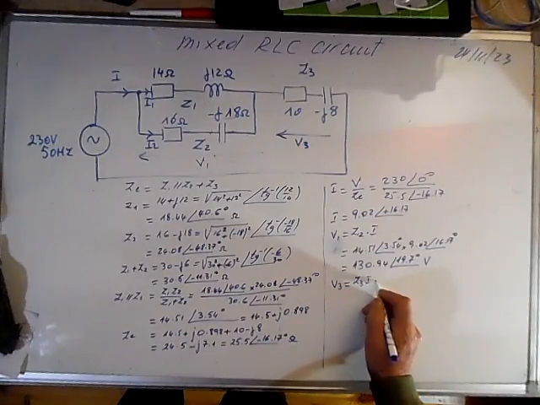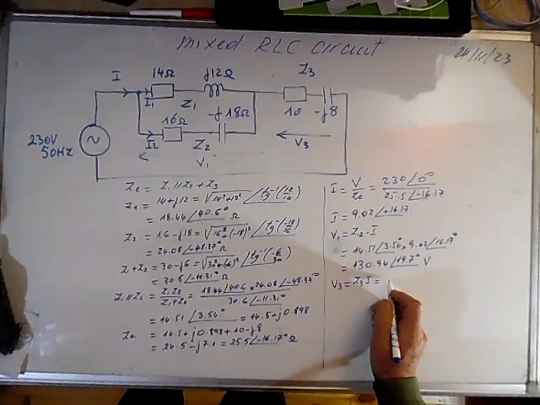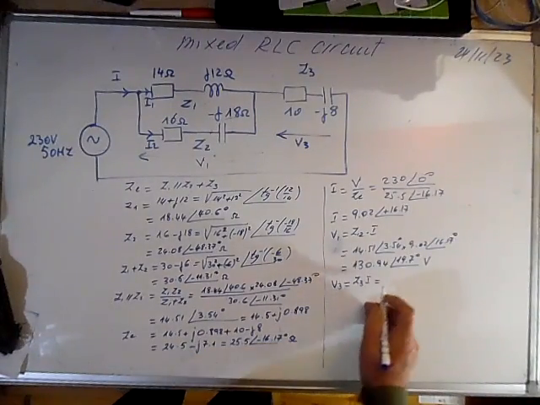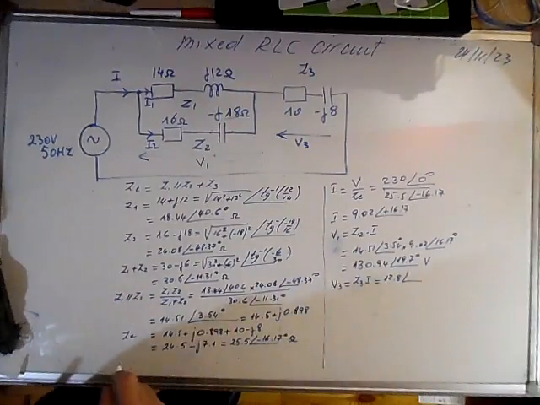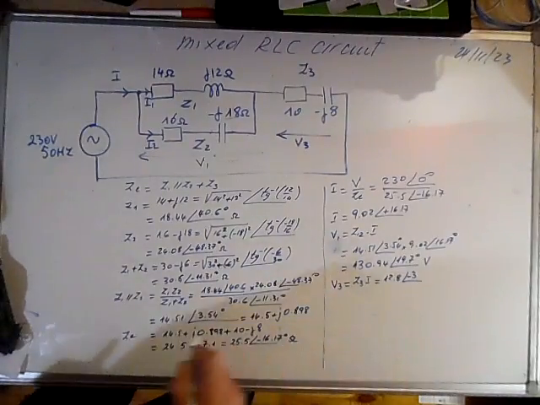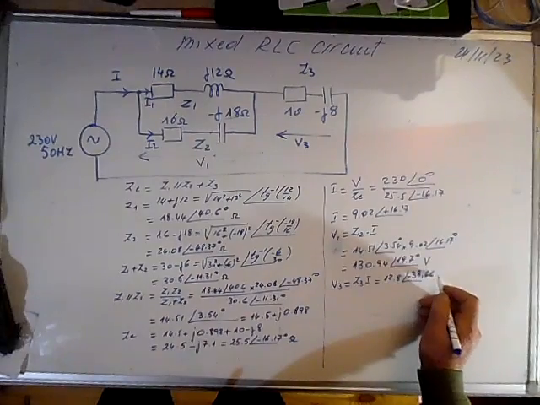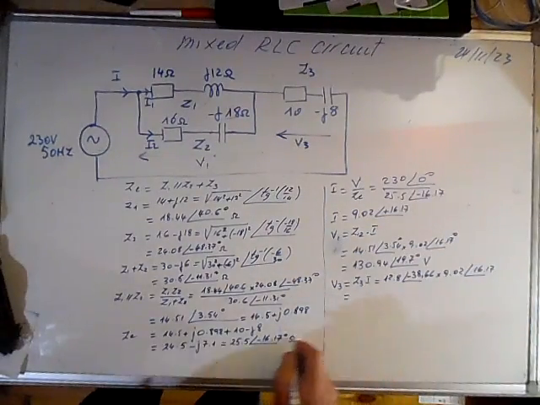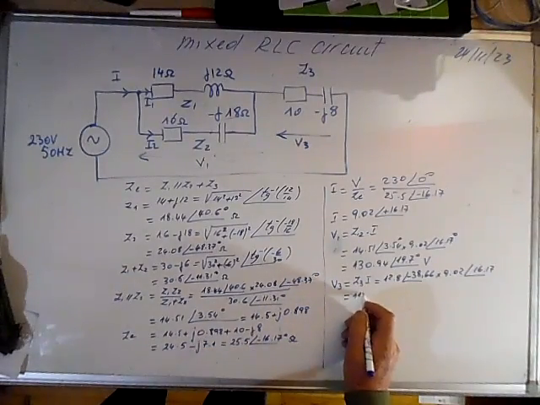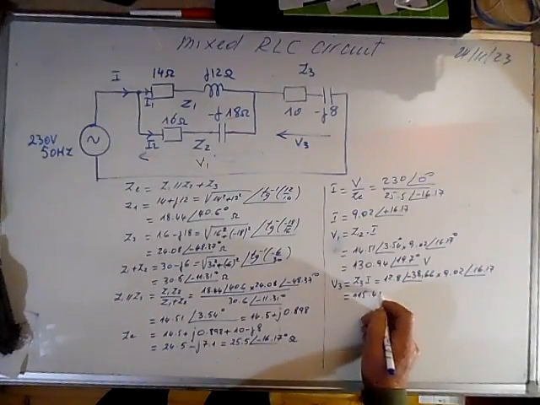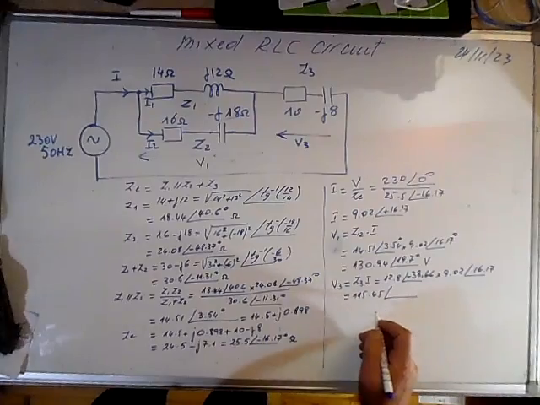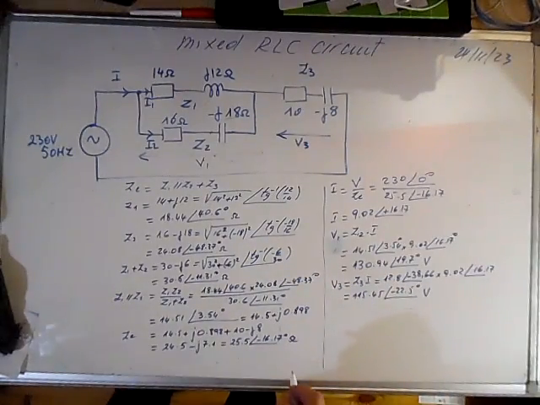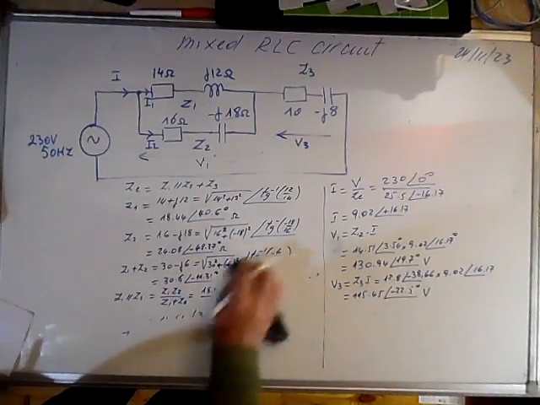It's Z3 times I. Z3, I didn't put it in polar form, but it's 12.8, argument minus 38.66, times 9.02 at 16.17 degrees, and this voltage is 115.45 in volts, and the argument will be about minus 22.5.